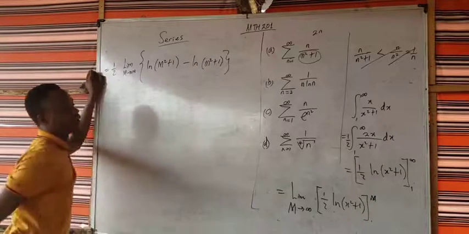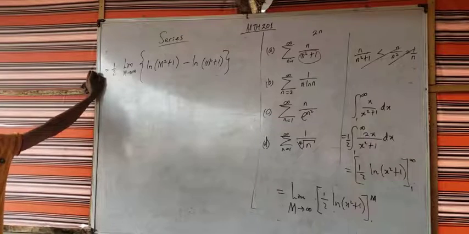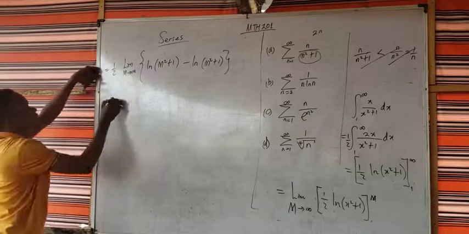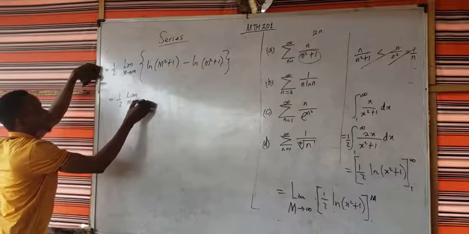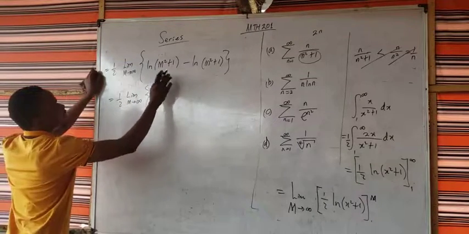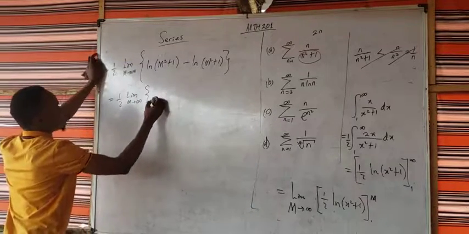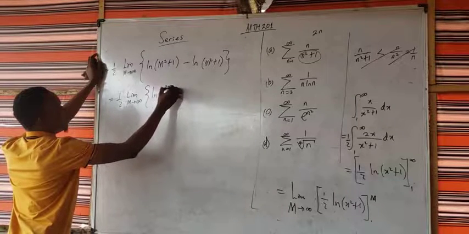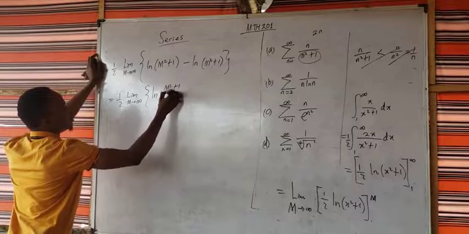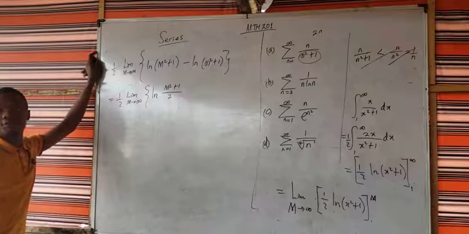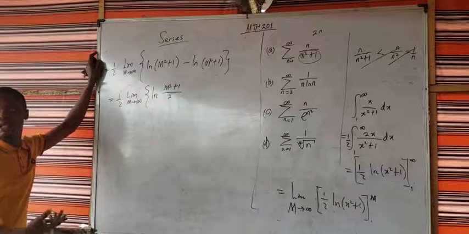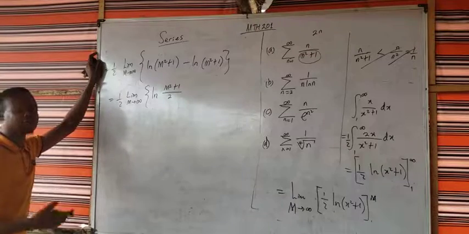Then I close the bracket. You understand what we're doing here? So this is going to be 1 over 2, the limit as m approaches infinity of ln of this minus ln of this, that's ln of (m squared plus 1) all over 2. Do you agree with that? Rules of logarithm. Is that clear?